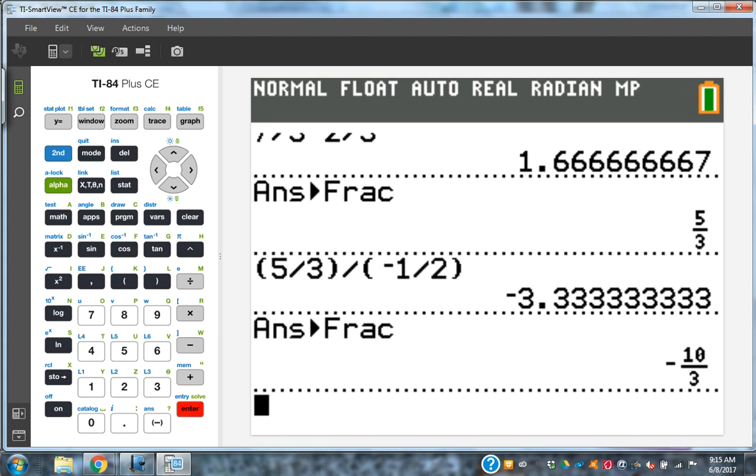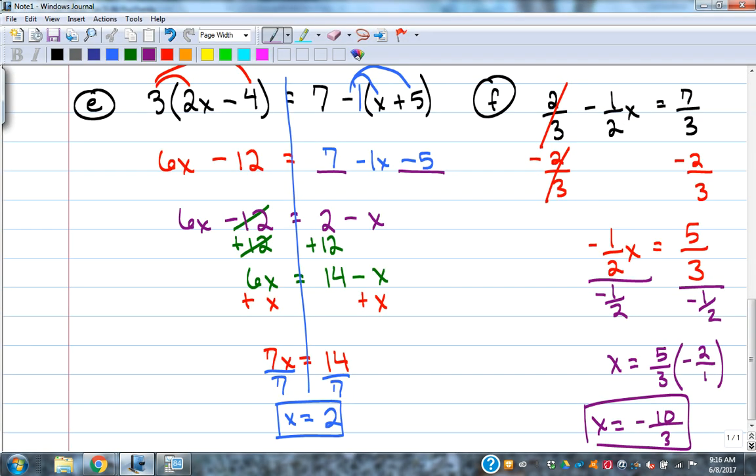And there's the negative 10 over 3. If you don't put them in parentheses, it will not work them correctly. It'll do the division left to right, which is not what you want to happen. Okay, so be very careful. If you're going to do fractions in your calculator, you need to put them in parentheses. So be careful of that. All right.